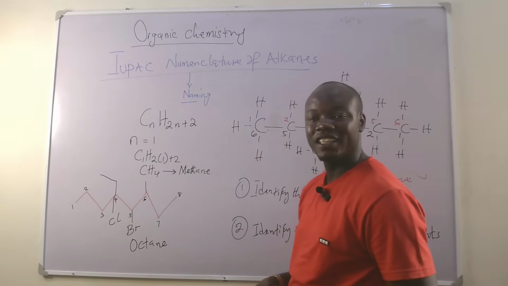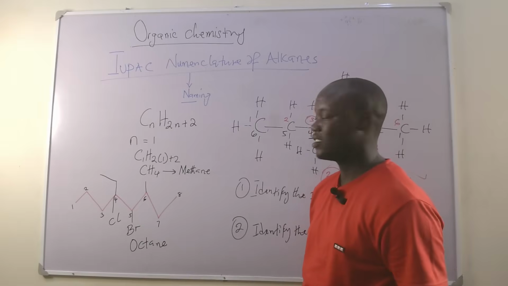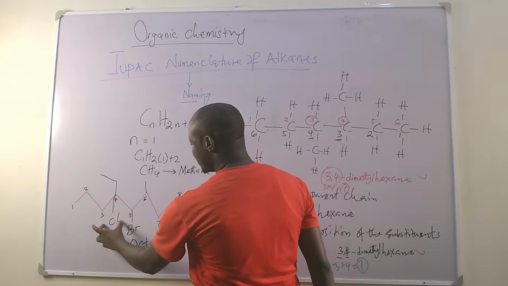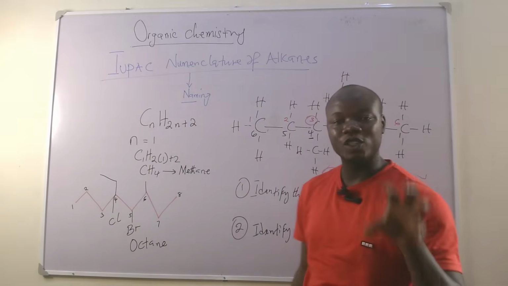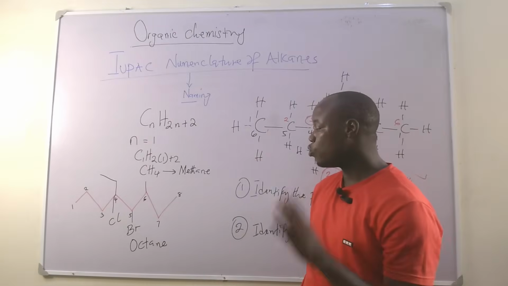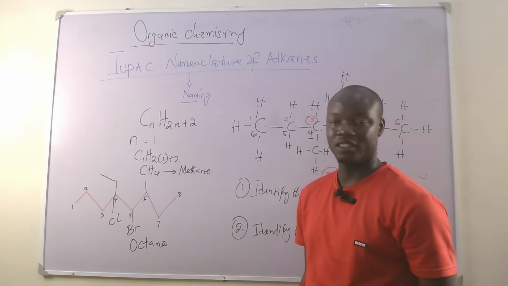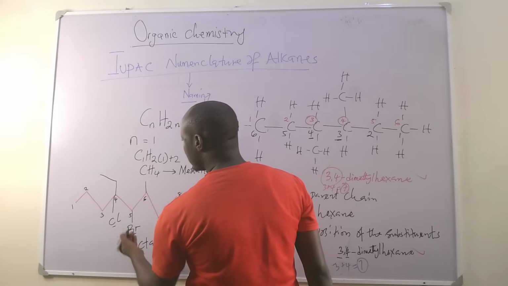So you see, ladies and gentlemen, you can see clearly we have about 4 substituents. This is a substituent, this is a substituent, this is a substituent, and this is also a substituent. So how many substituents do we have here? We have 4 substituents.